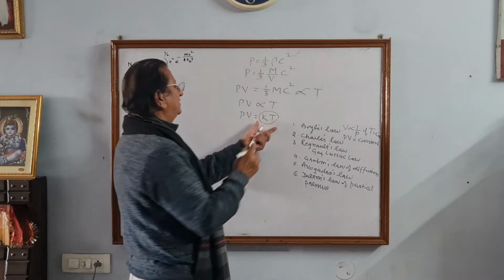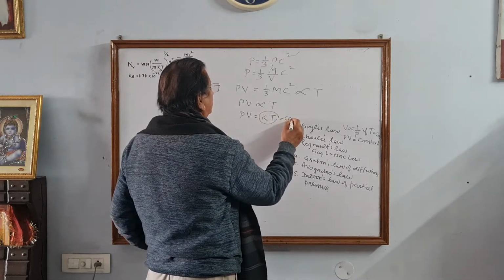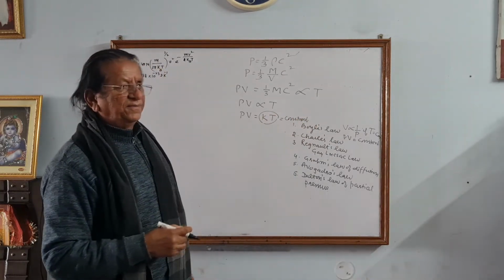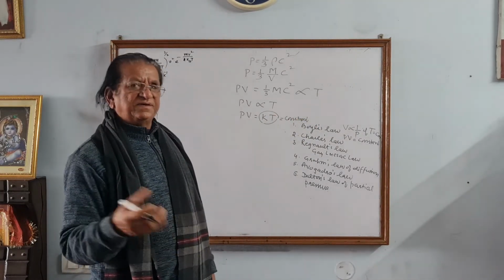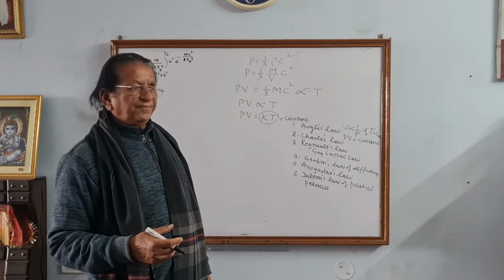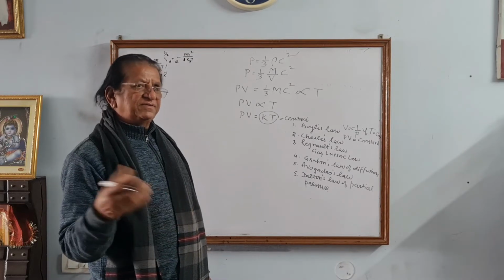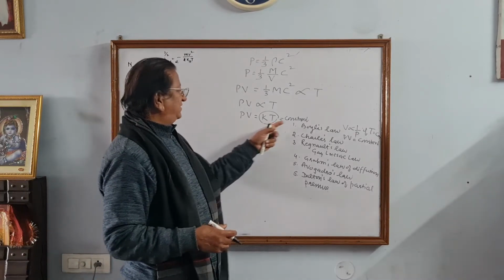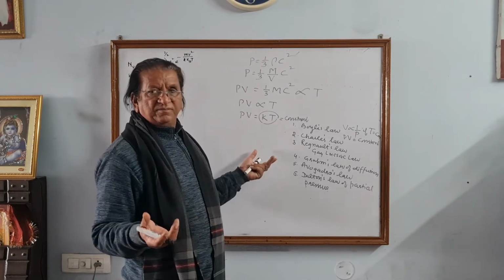That means this side is another constant. Constant multiplied by constant is constant, constant divided by constant is another constant. So therefore, P into V is constant. This is what you call Boyle's law.